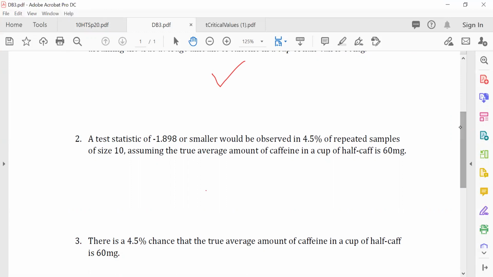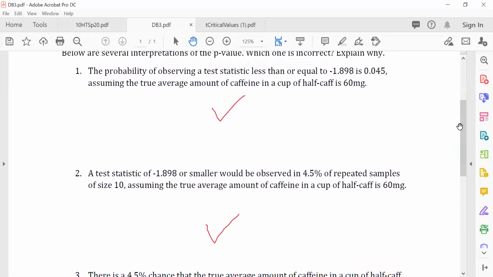This one is also correct. This is actually the same as the first one. It's just instead of saying the probability, it explains how you got the probability, that's by repeated samples of sample size 10.